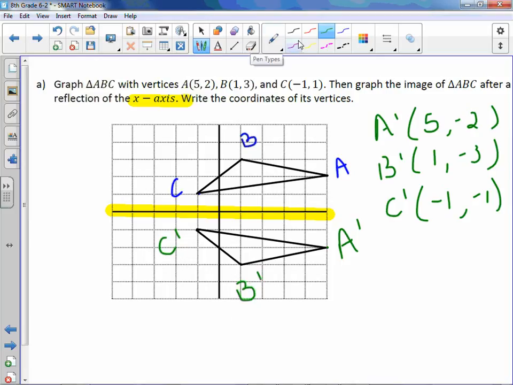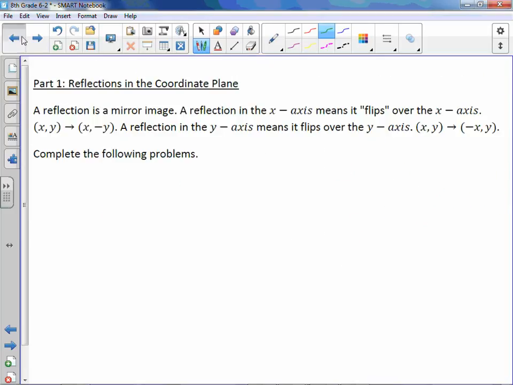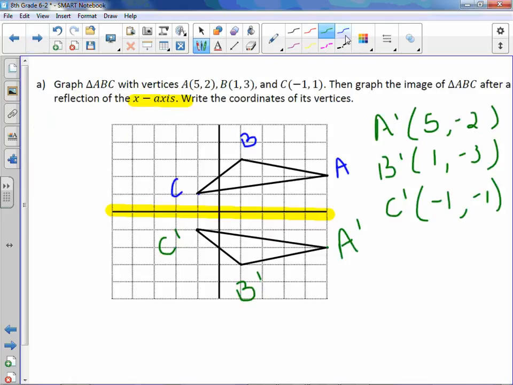Now the rule was, when you flip over the x-axis, the y value gets negated. So let's take a look here. These are the y values, and these are the new y values. 2 became negative, 3 became negative, 1 became negative. And the x values stayed the same.